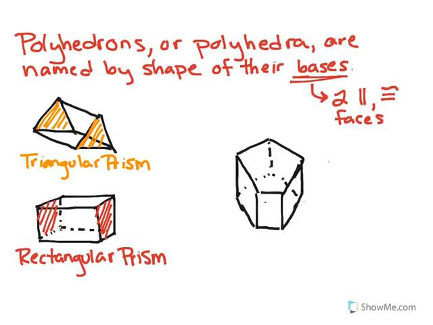Alright, and for this one, you'll have to excuse my terrible sketch of this, but this is a pentagonal prism. We're going to identify the two congruent parallel faces, which should be pentagons, which are going to be the top and the bottom parts of this polyhedron.